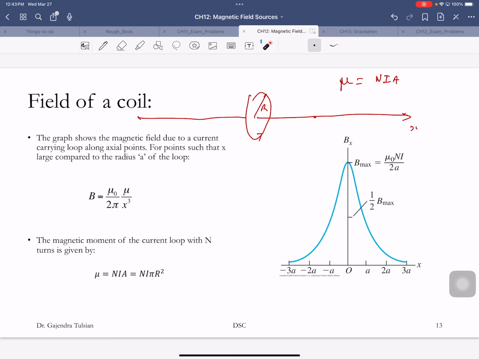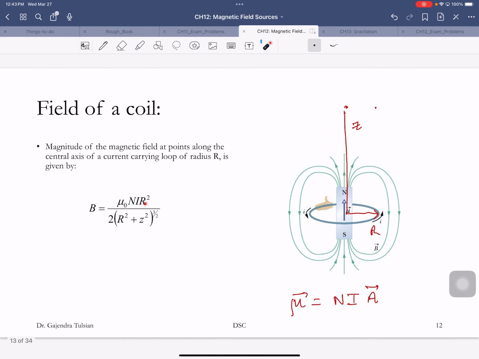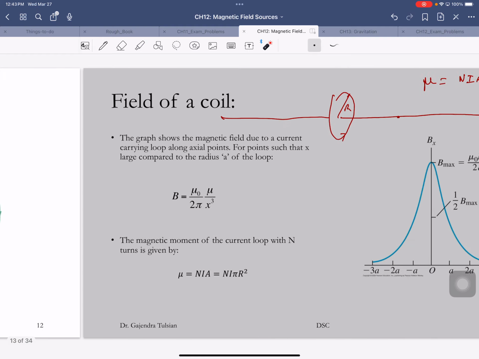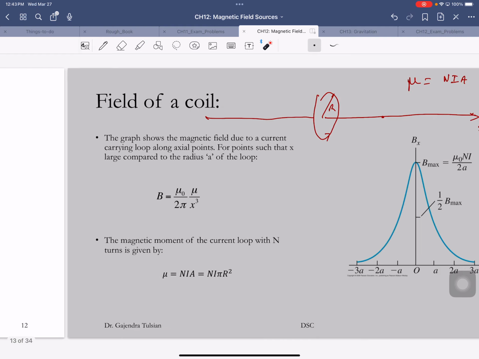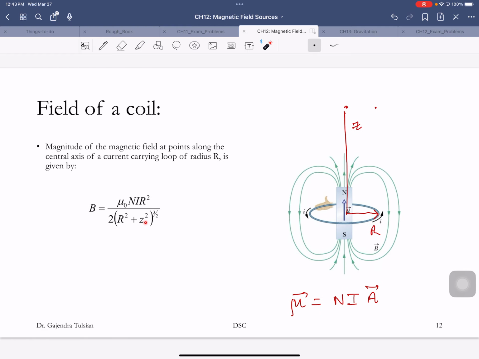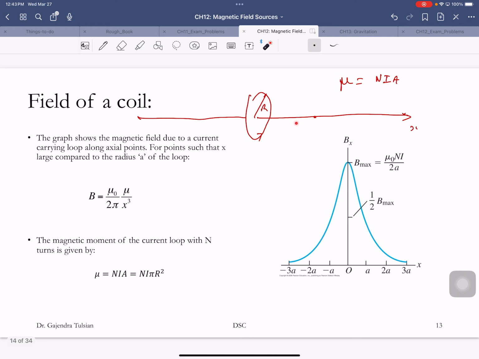So what this page is showing you is, for various values of z, it's plotting the magnitude of B. Here we're calling that coordinate x. So here is the ring, and there's the center of the ring.